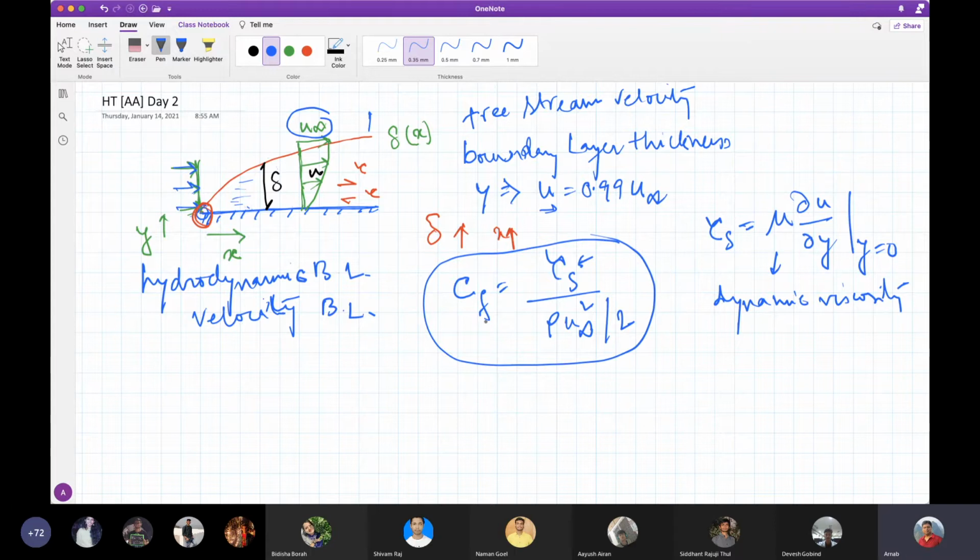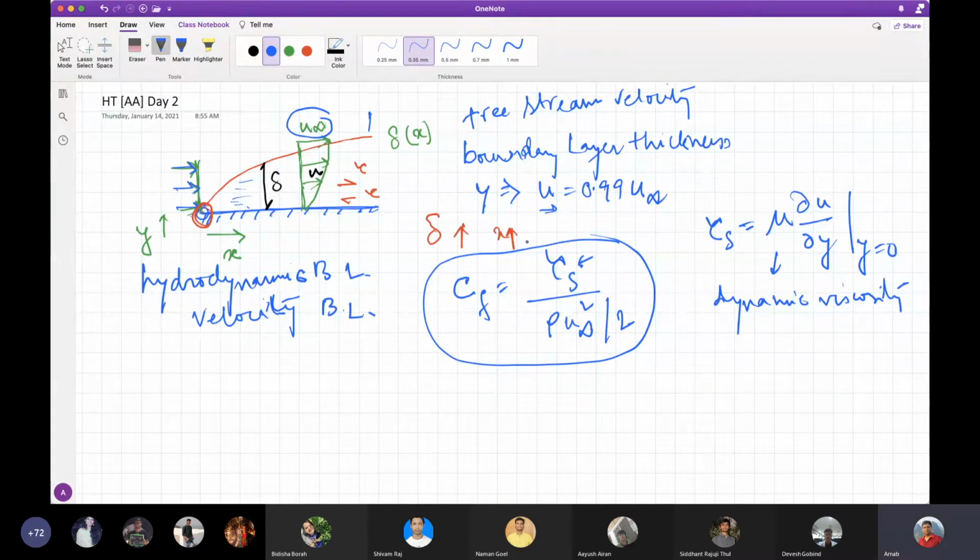Now, this velocity boundary layer, the velocity gradient on the surface, actually depends on the type of the surface on which it is flowing, the nature of the leading edge, if it is sharp, if it is rounded, if it is of different shape, and the distance from the leading edge.